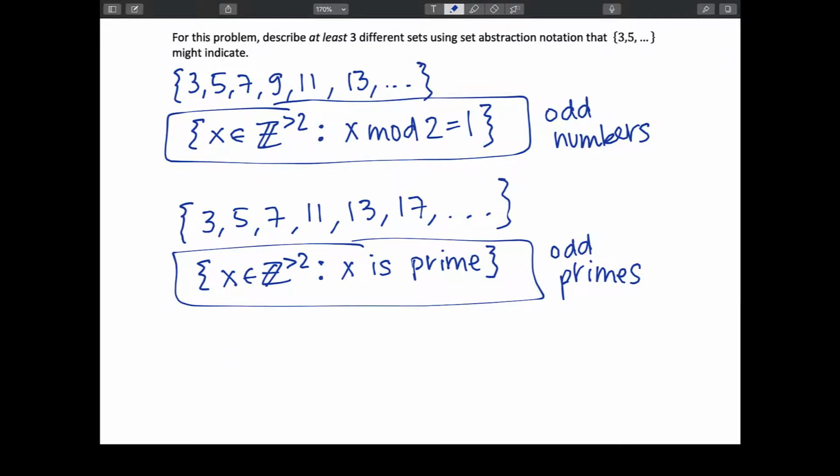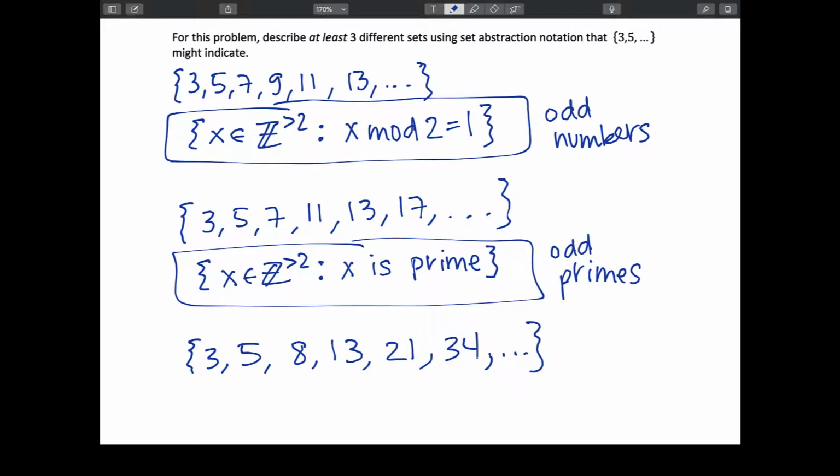Here's another one that we could think of. We could say 3, 5, 8, 13, 21, 34. And hopefully we can see what that is. These are the Fibonacci numbers.